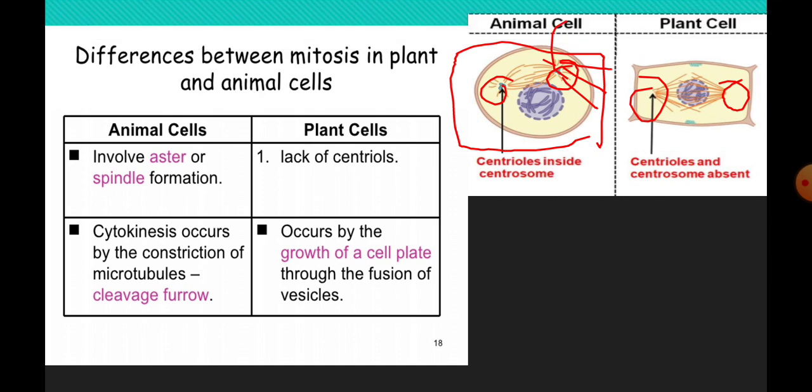And then another difference is in cytokinesis. We already know about this just now. In animal cells, cytokinesis occurs only by cleavage furrow, but in the plant cell there occurs the growth of a cell plate.